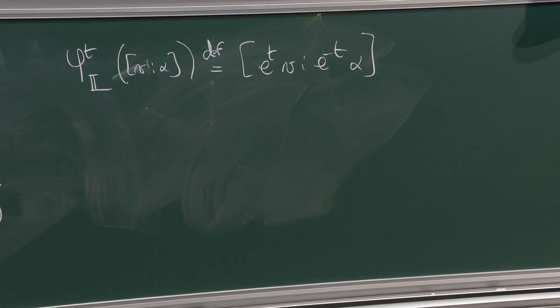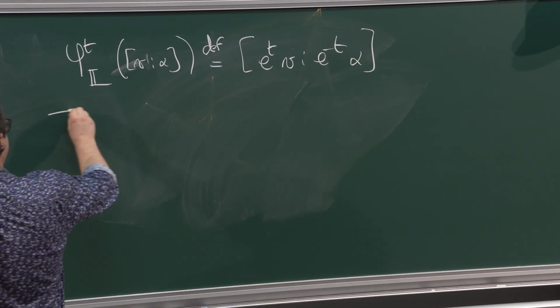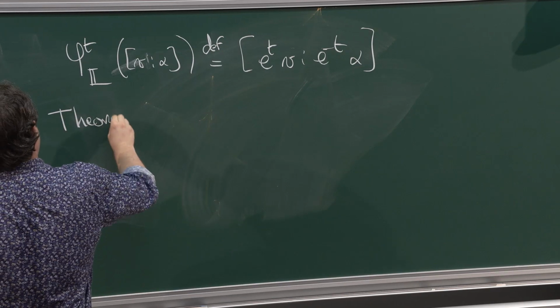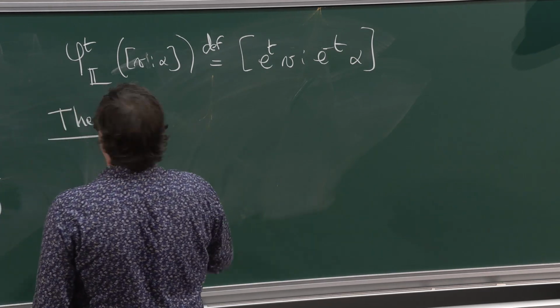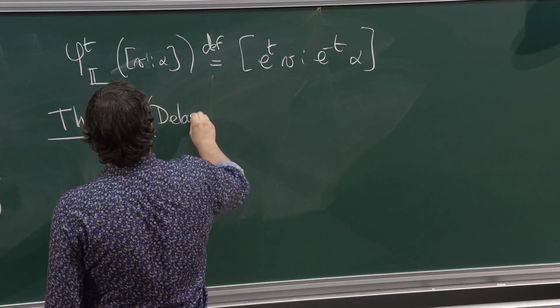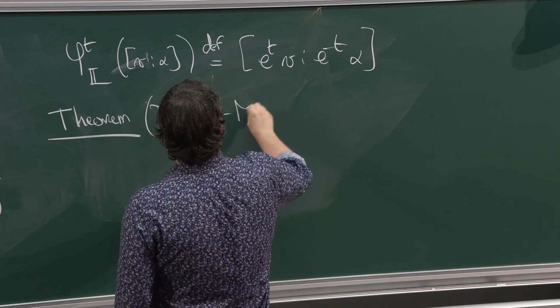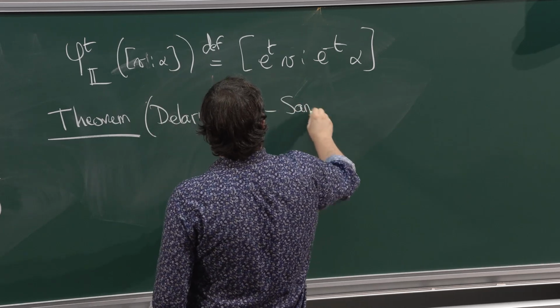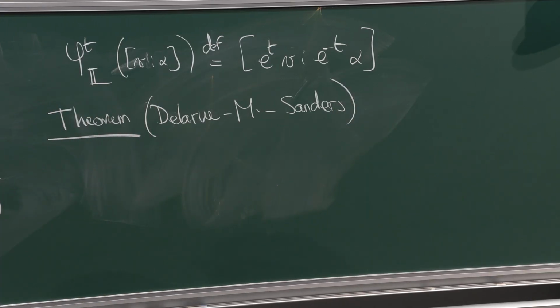All right. And it's now time to state a theorem, which a good chunk of this course will be based on. So this is something we did with Benjamin Delarue, so myself and Andy Sanders. So you start with an Anosov representation.